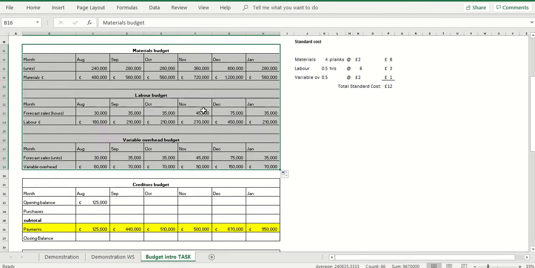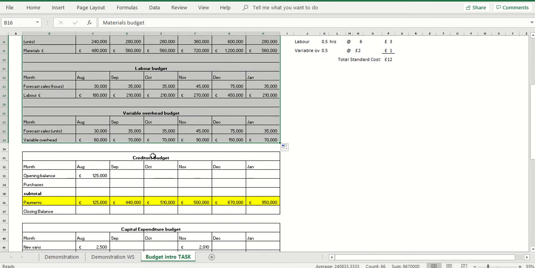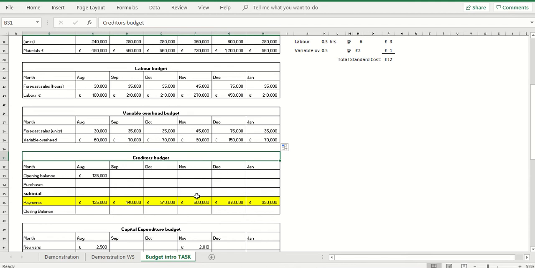Creditor budget. So the creditor budget is very similar to the debtor budget. A creditor is someone that we owe money to as a result of having bought materials of them, or bought stuff of them. In this case, it's materials, and we bought it on credit, so we owe them the money.